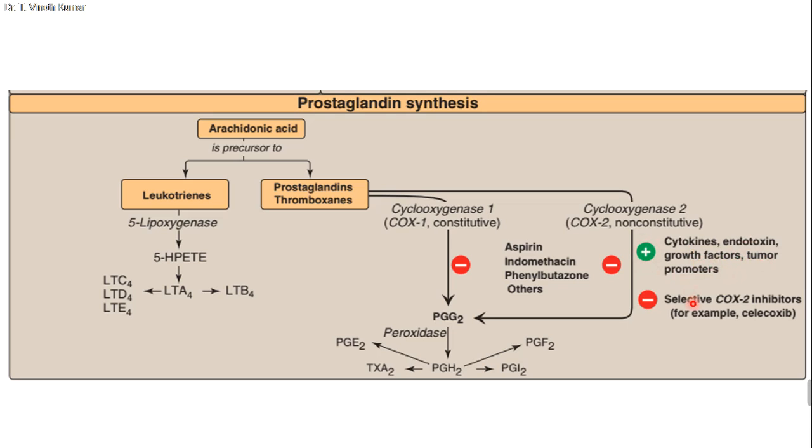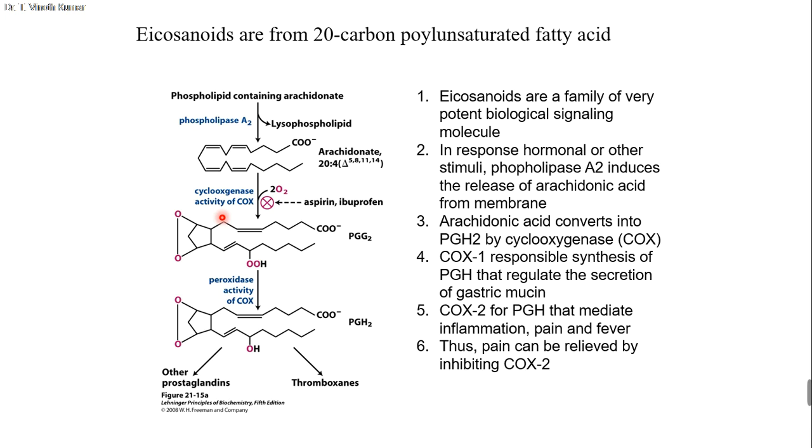At the same time, selective COX2 inhibitors are the third generation type of inhibitors, and celecoxib is a very famous painkiller and also anti-inflammatory substance that selectively inhibits COX2. If it inhibits, it means the PGG2 synthesis is restricted. So due to that, the inflammatory responses are suppressed. So this is the overall view of prostaglandin biosynthesis and also the leukotrienes.